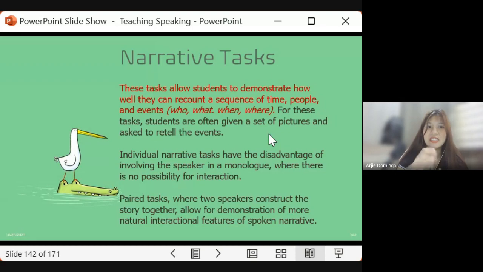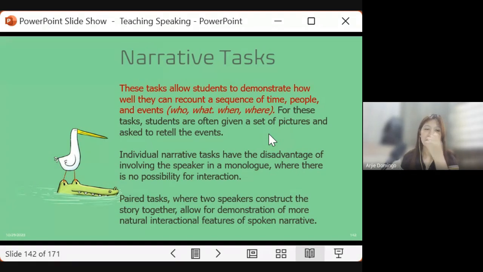The students would be doing a monologue, for example, narrating something that they have done, or something that they experienced in the past days, or a memorable experience that they have.